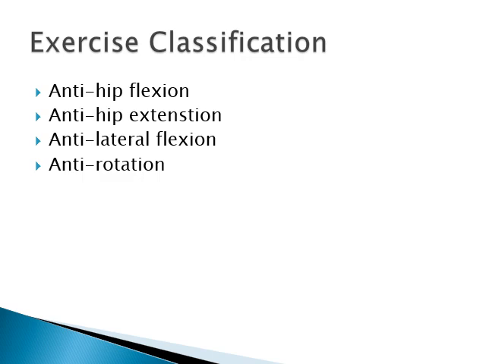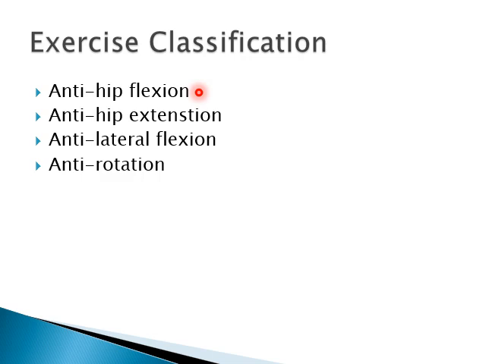As we go point by point through these classifications, first, anti-hip flexion activities, okay? Anti-hip flexion activities are exercises that focus more on the posterior chain, so be thinking about your glutes and hamstrings.